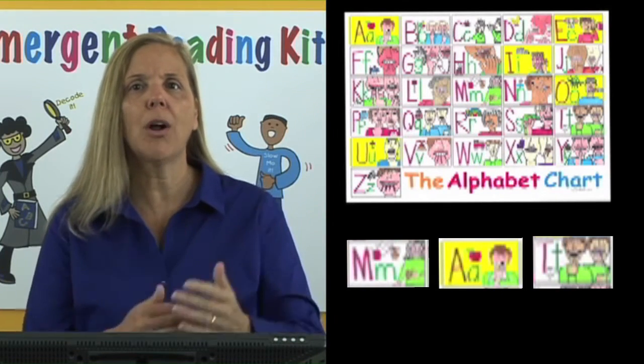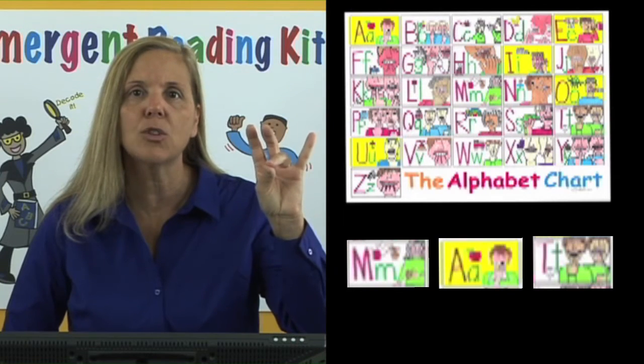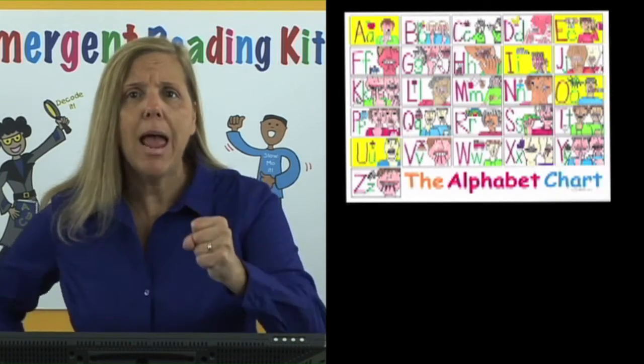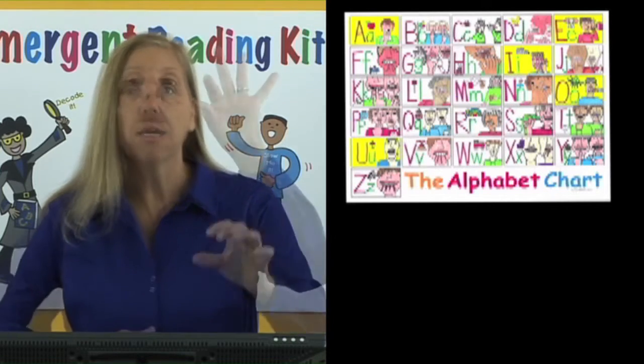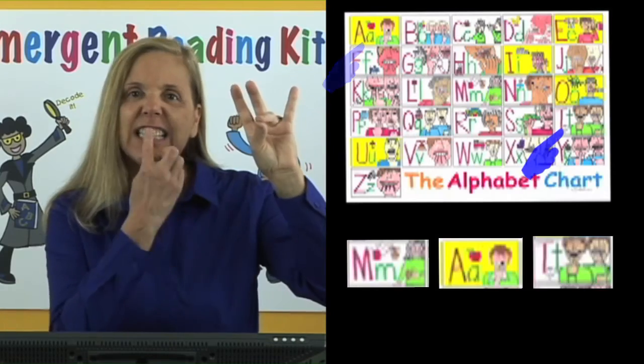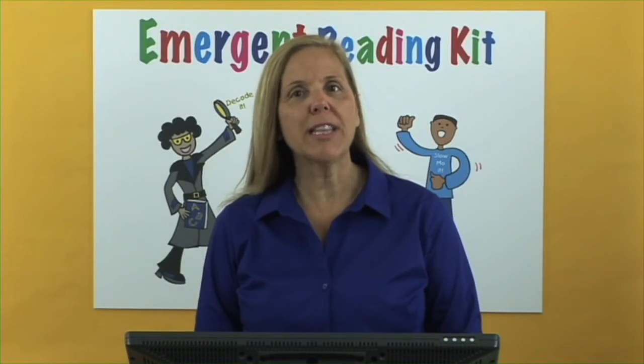Let's go through the whole process. Say the word, slow-mo man it, then segment using the physical cues as well as tapping each finger to represent each sound. Mat, at, mat. Now we're going to write the word mat.